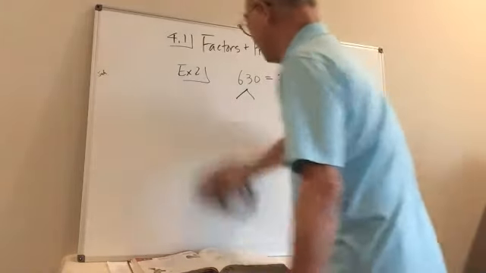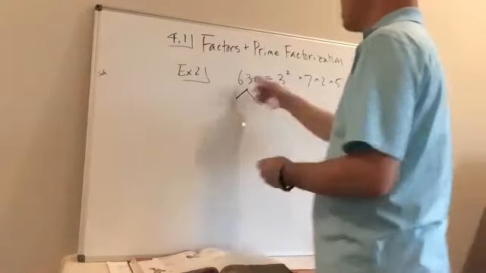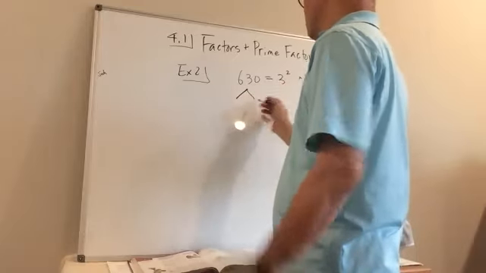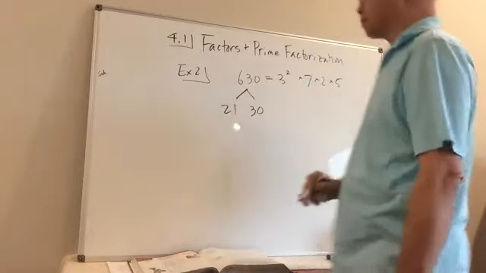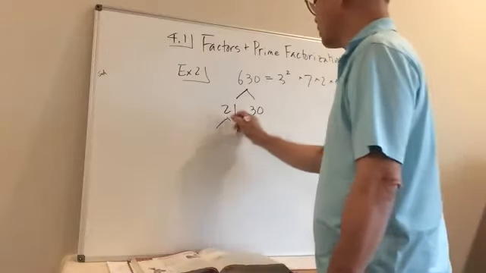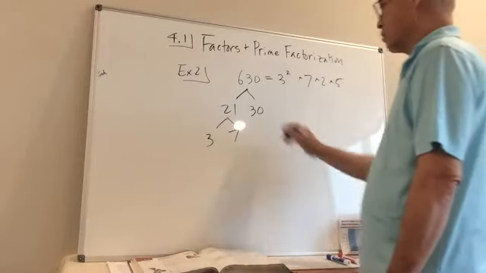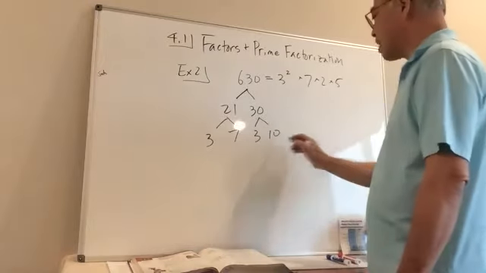You could have done it a different way, right? You could have approached this as not necessarily 630 by 10. You could have said this is 30 times 21. And then you could have said, well, this is 3 times 7. This guy is 3 times 10. Well, I have still one more here, right?